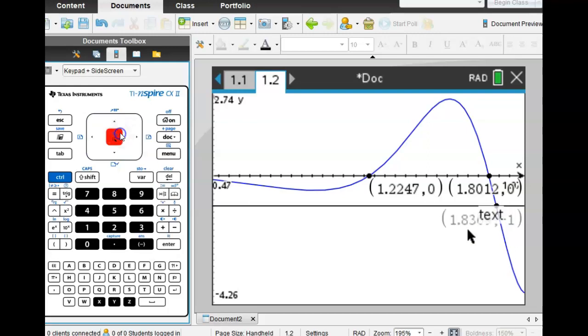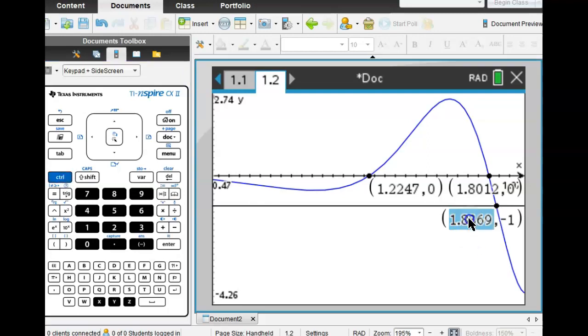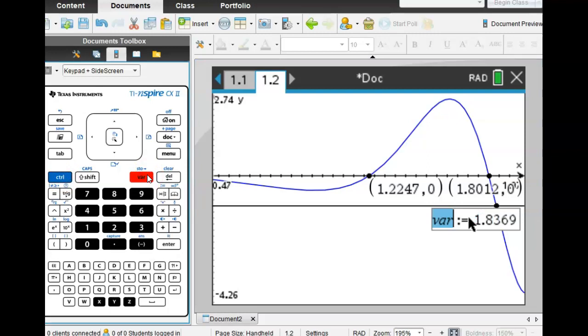Have any of you got it to grab? Okay. Yours is grabbing? Okay. So if it's grabbing, then I want you to hit control variable. You see right above variable where it says STO? You're going to store it. So control and okay. See what happens right there? Did that happen to you?